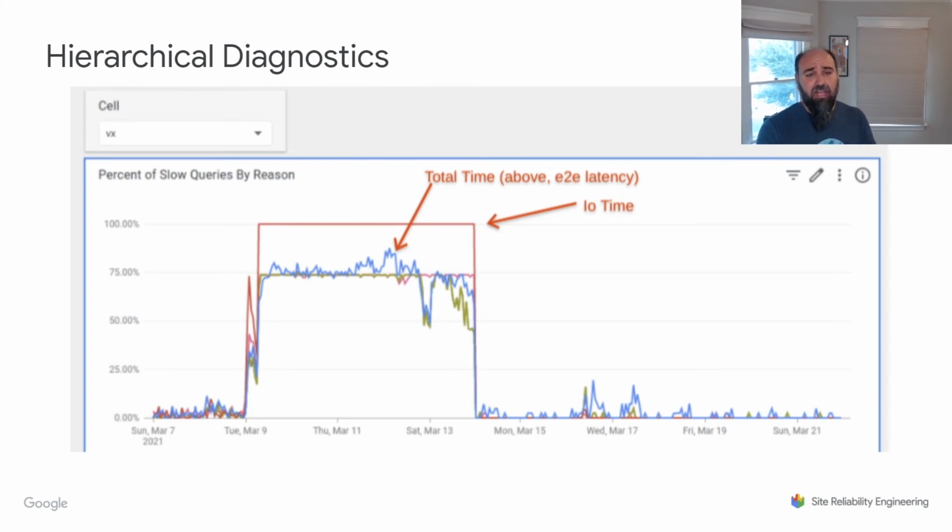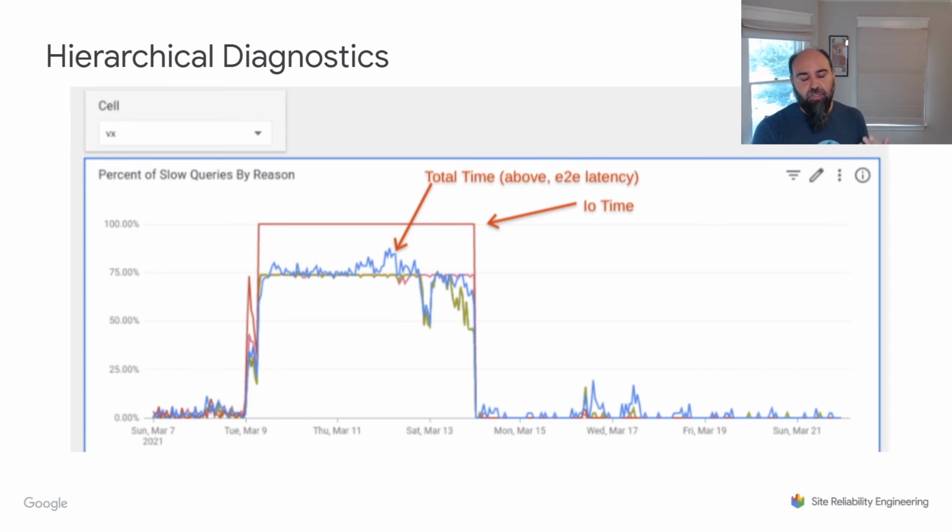That red line represents a square wave, where of all slow events, 100% of them had extremely slow IO times. This becomes a really easy diagnostic tool, which can even be interpreted relatively quickly by a non-expert in the service. And so this is an example of the kind of tool that I'm talking about when I talk about building better tools, right?